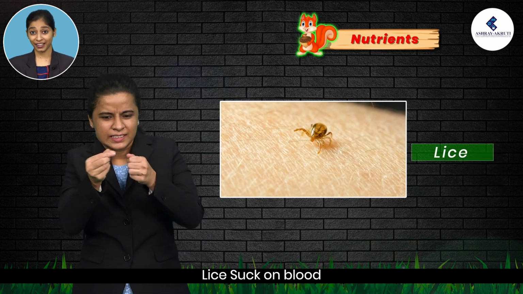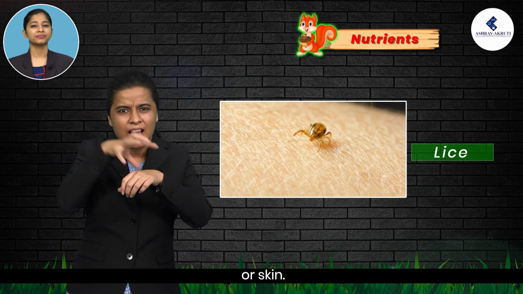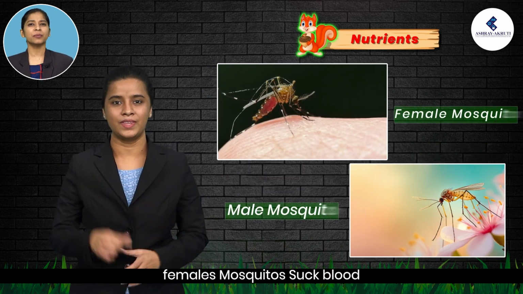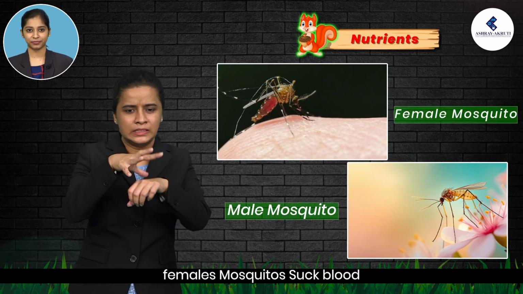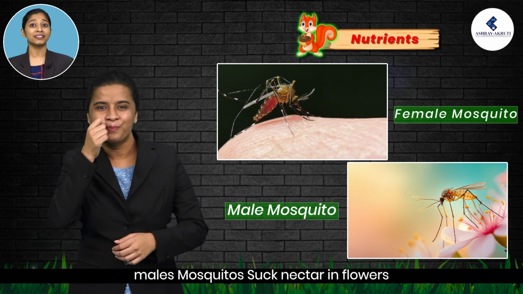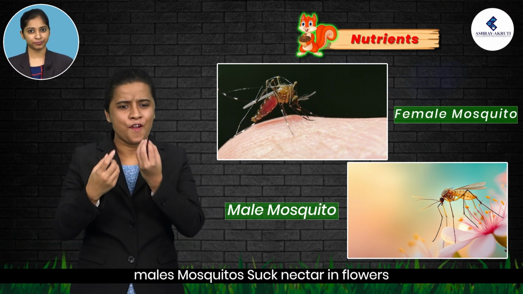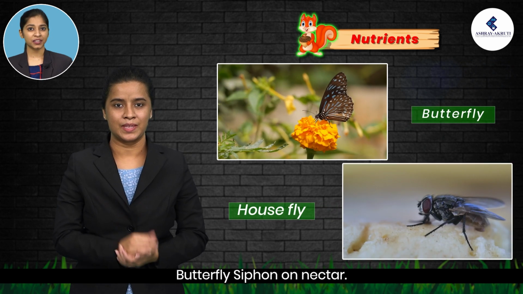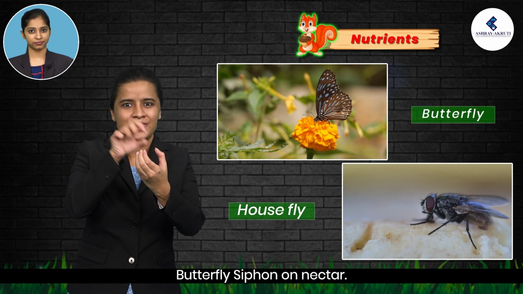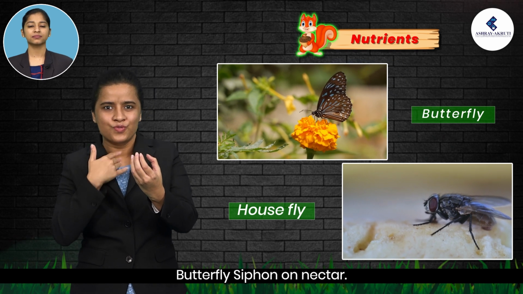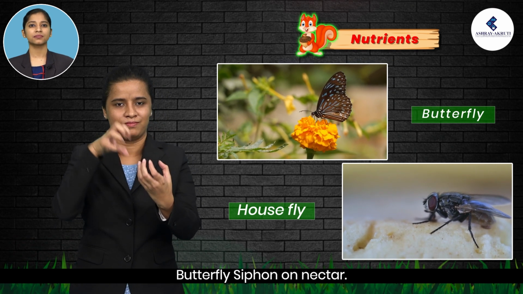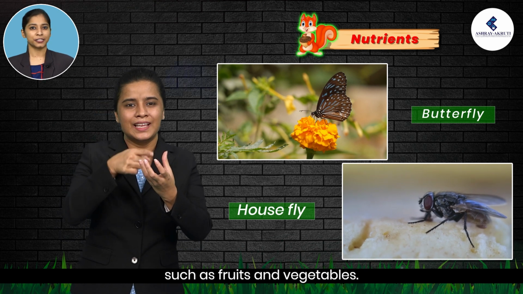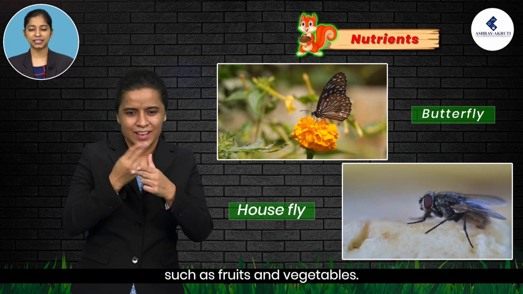Lice suck blood or skin. Female mosquitoes suck blood. Male mosquitoes suck nectar in flowers. Butterflies siphon nectar. Houseflies sponge on decaying matter such as fruits and vegetables.